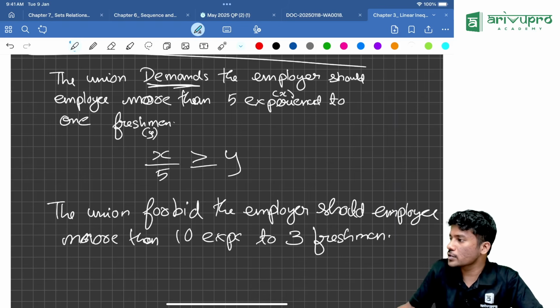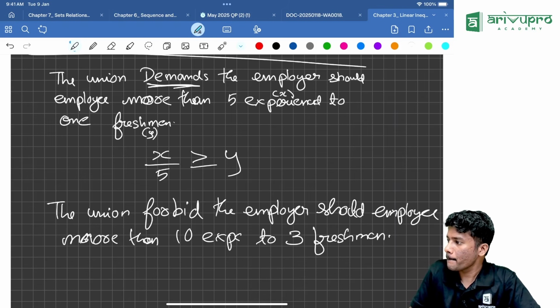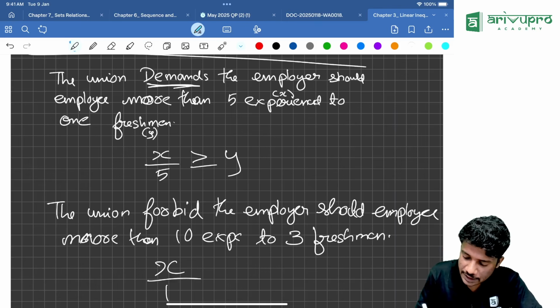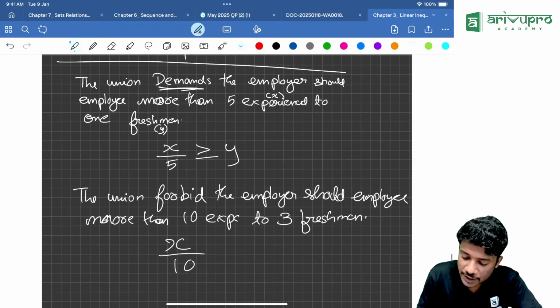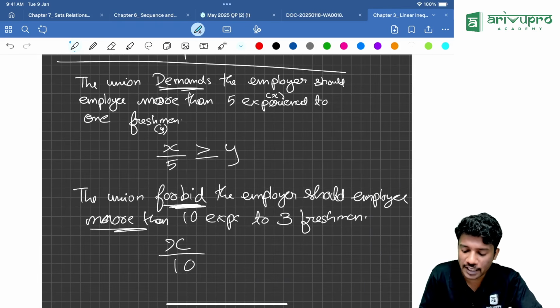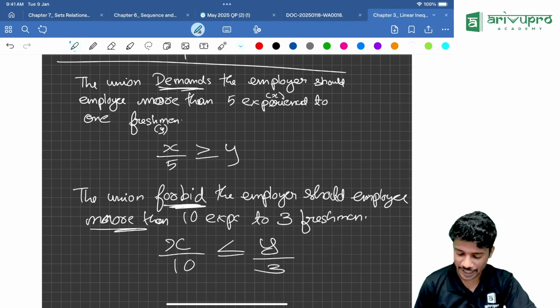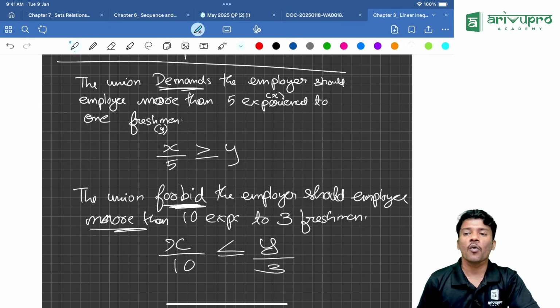How to solve this? So X by 10. Here what is happening? The forbidding is happening. So more than will become what? Less than or equal to how much? The Y by 3. Answer is how much? X by 10 less than or equal to Y by 3.